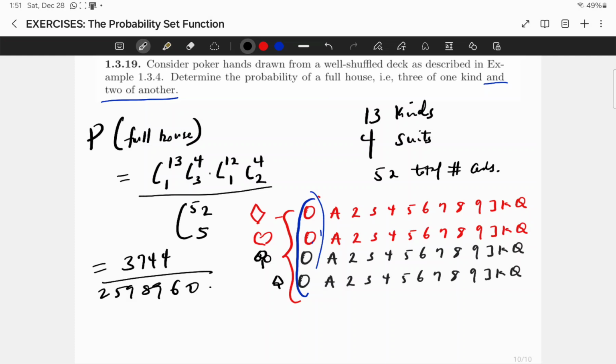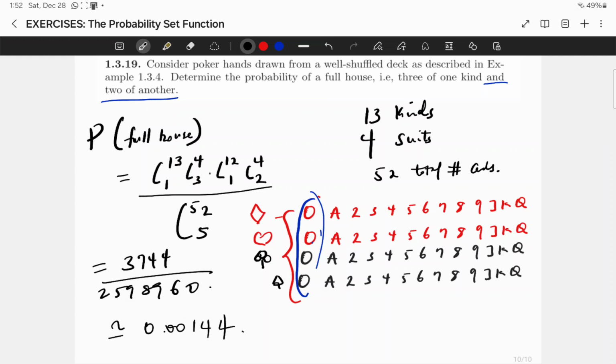And if you approximate it, this is about 0.00144. So that is that.